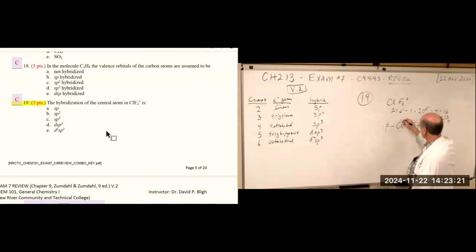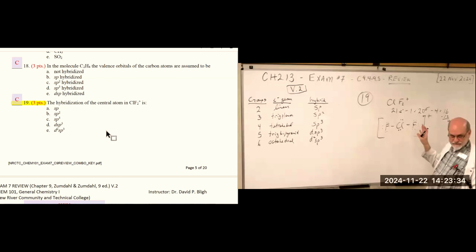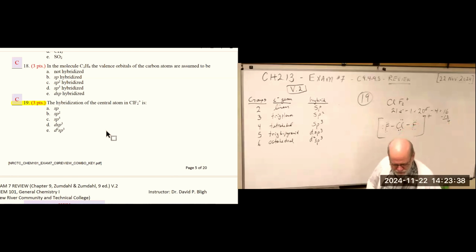So we put the 4 lone pairs here. And to be complete, we have to put the charge here also. Otherwise, the number of electrons don't add up. We have to have that charge. Okay, what was the question? Hybridization. We have 1, 2, 3, 4 groups around the chlorine. That's sp3.